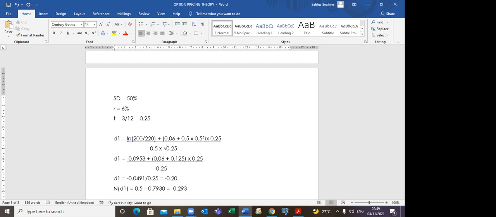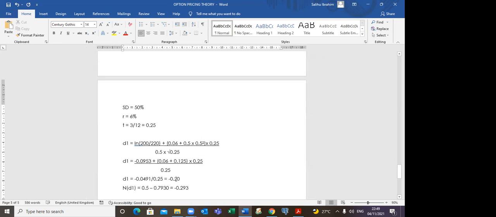Is it not 0.079? Is that zero not important? It should be 0.0793, because on the sheet it is 0.0793.